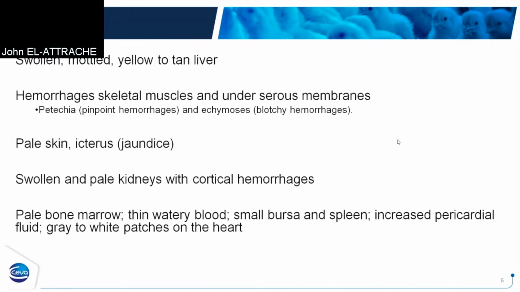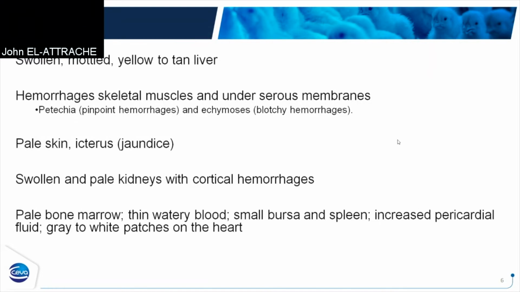Again, the pale skin, the lack of liver function, you'll see that. The swollen and pale kidneys, we often see this in the laboratory when we inoculate embryos, but you'll also see it in birds that are associated with inclusion body hepatitis. And then other things that are associated with it, the pale bone marrow, thin blood, small bursa and spleen, and other aspects that you might see.